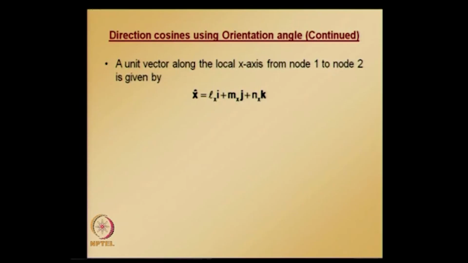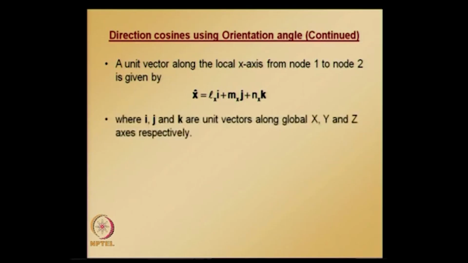So, this is a unit vector going from node 1 to node 2, where i, j, k are unit vectors along the global x, global y, global z axis respectively. With these direction cosines, the local x axis is defined.